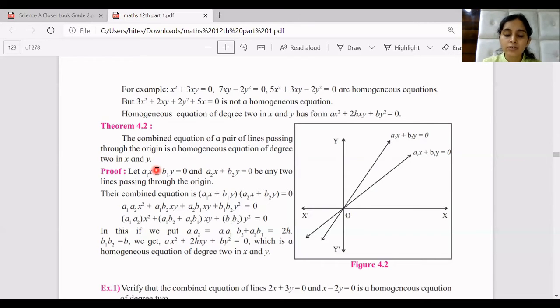Okay, so when lines pass through the origin, the constant part c is missing. It's not there in the equation. What does the equation look like then? So let a1x plus b1y equal to 0 and a2x plus b2y equal to 0. You can observe the equations here. They're passing through the origin, and therefore they don't have the terms plus c1 and plus c2 in them.